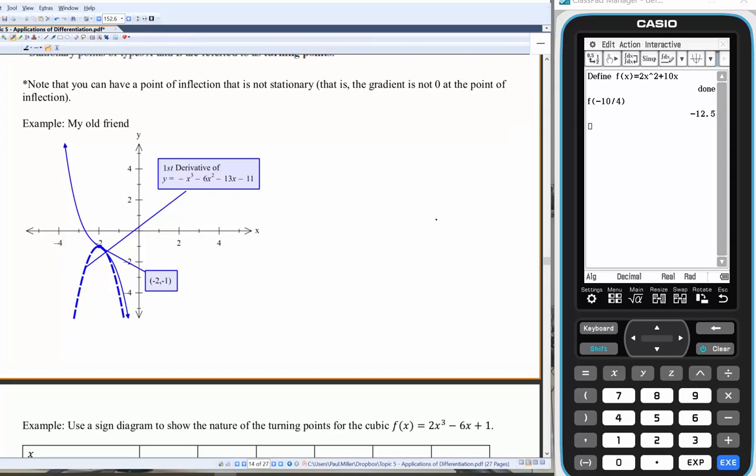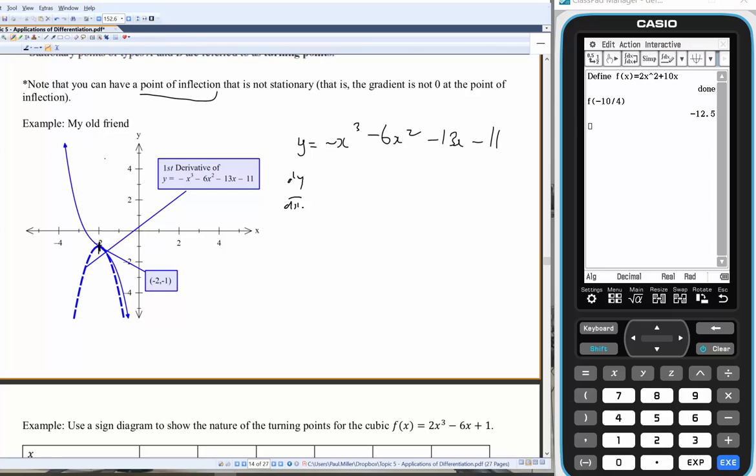This question here, recall that you can have a point of inflection that's not stationary. So if we get this function here, I can't remember what it was, but this is the function here. So y equals negative x cubed, take 6x squared, take 13x, take 11. And we can see here that we've got a point of inflection. Is it a stationary point?